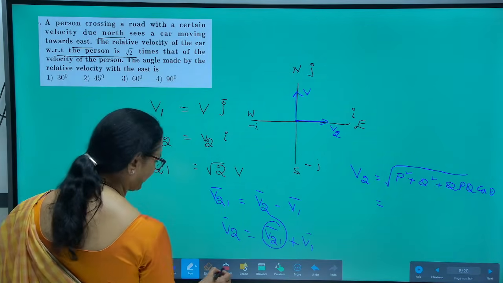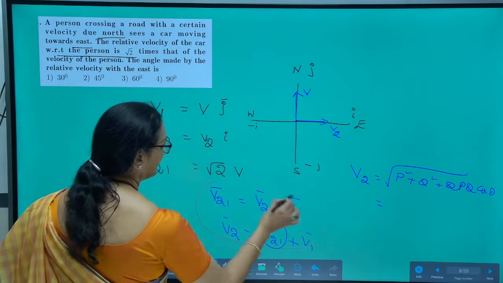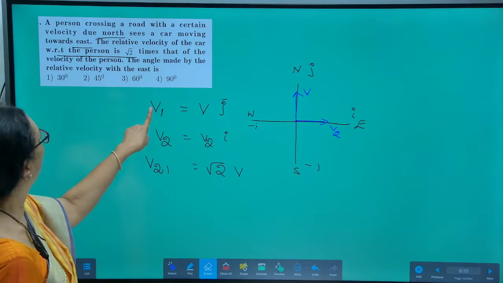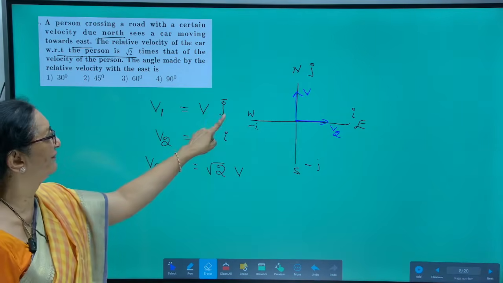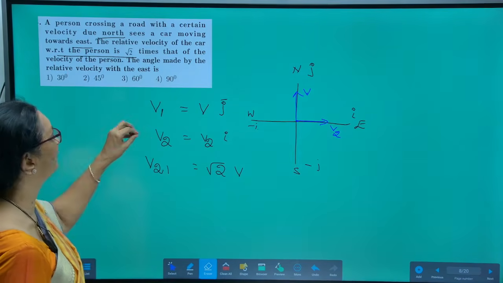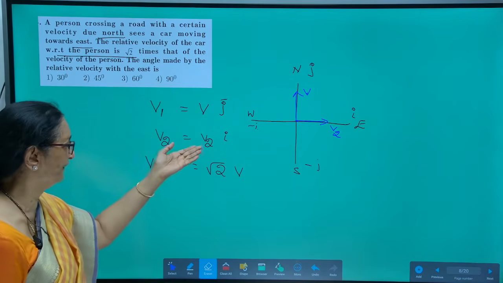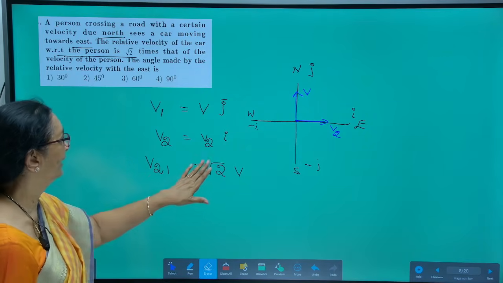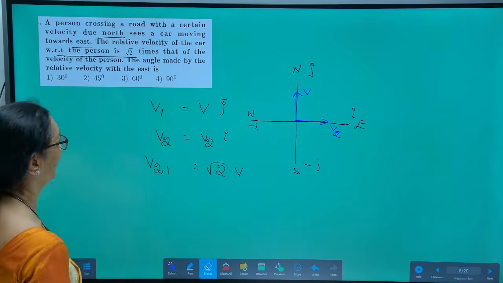Look here, I am just repeating this so that it will be easy for you. A person is walking with a velocity V towards north. A car is moving with unknown velocity, say V2 eastwards, but velocity of the car appears to be root 2 times the velocity.